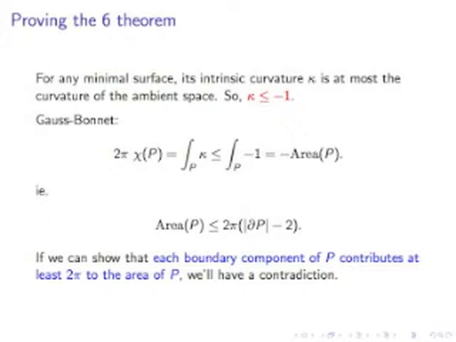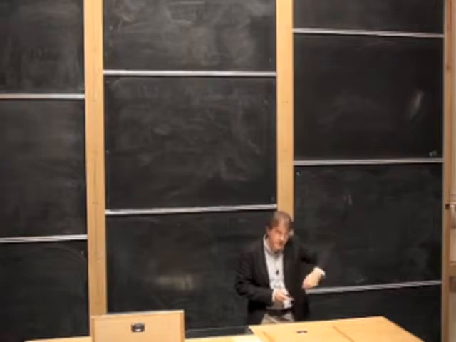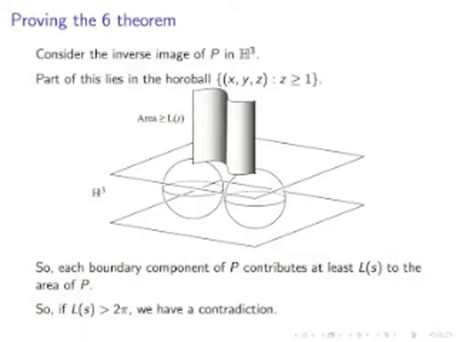So the key now is to show that if each boundary component of P contributes at least 2 pi to the area of P, we'll have a contradiction. Because then we'll have area at least 2 pi times the number of boundary components. So what you do is you look at the nature of the ends of this manifold and you look at how the surface sits inside those ends. So you get a picture a bit like this. So here's z greater or equal to 1, and here's a portion of the surface sitting inside there.